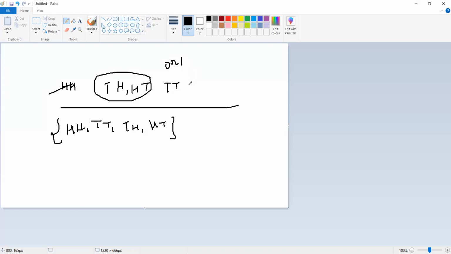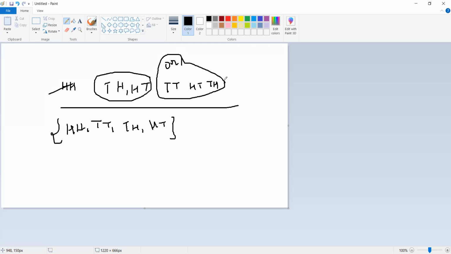When you talk about 1 head, it is head tail and tail head. So you get 3 by 4. So this is 3 by 4 for at most 1 head, so either 1 or 0.